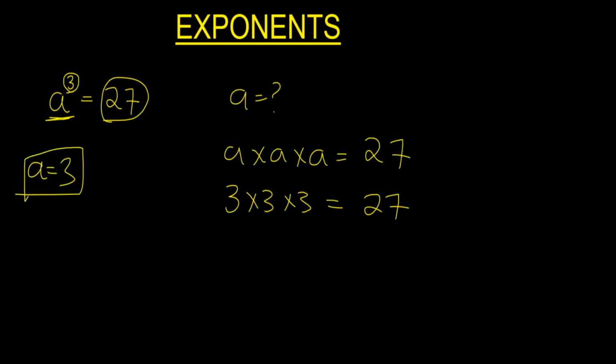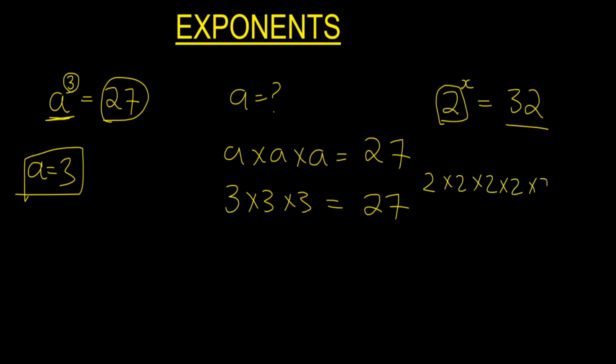Or the question can be, you have 2 to the power x is equal to 32. The question now is, how many times can I multiply 2 to get 32? That is what the question is asking. So you ask yourself, I want to multiply 2 to get 32, and you keep multiplying.